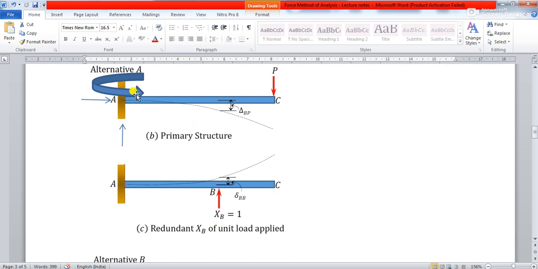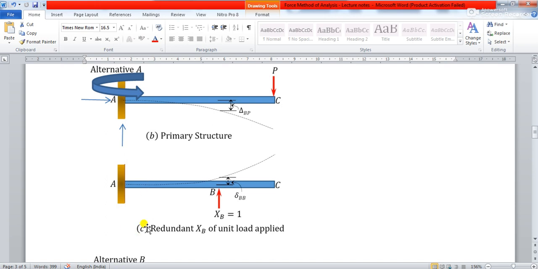Now you take that primary structure again. So the primary structure which you have analyzed and found out the deflection under the external load P, you take the same primary structure. You see, we have not taken any other thing. We have taken the same primary structure, and from that primary structure you remove all the external load components.